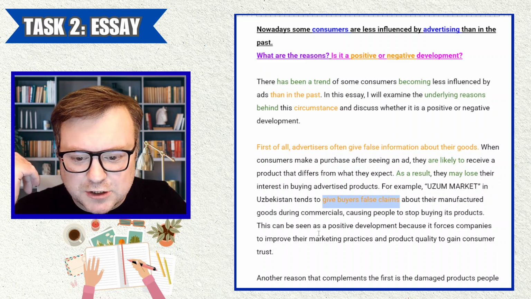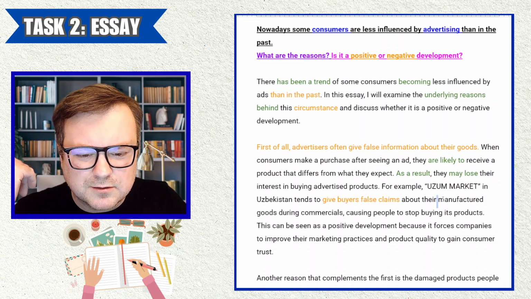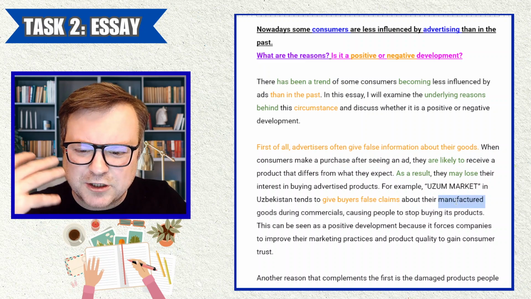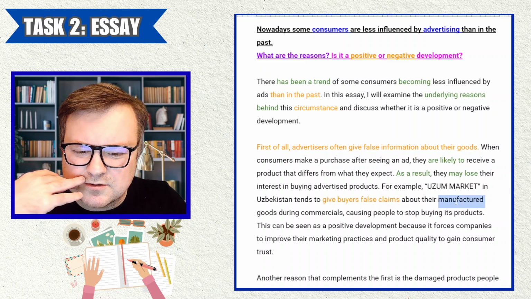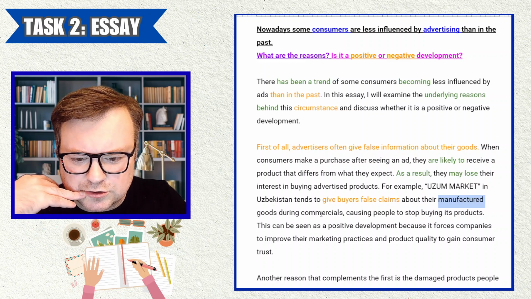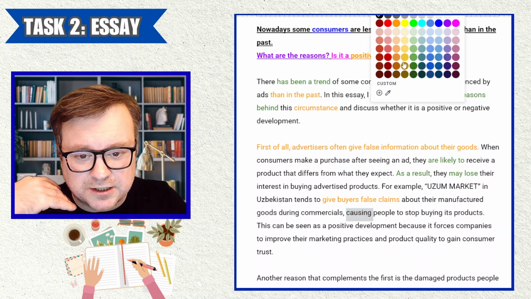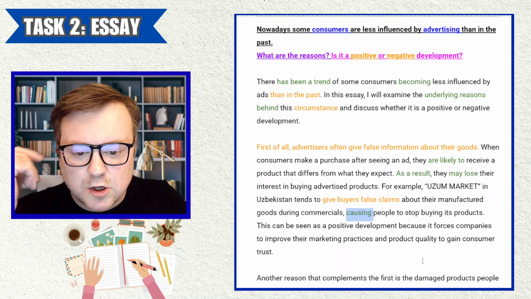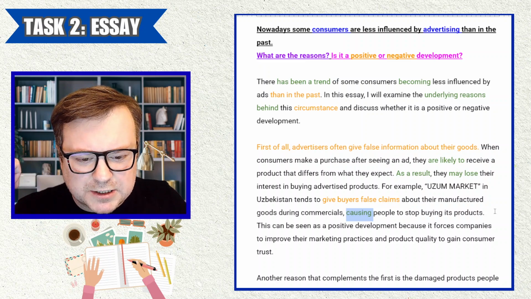About their manufactured good. Is it relevant that it's manufactured goods? I don't know. Okay. During commercials, comma, causing people, really, really nice use of participle here, causing people to stop buying its products.